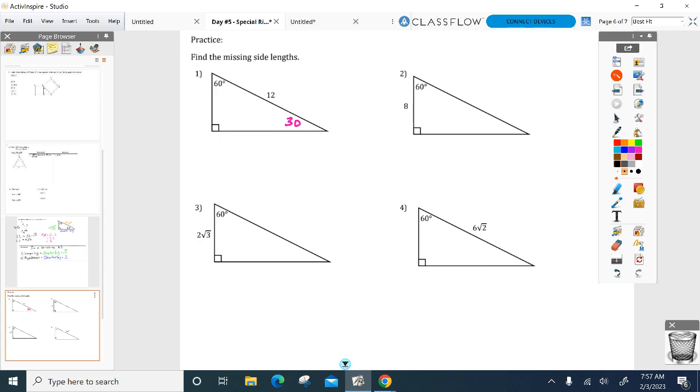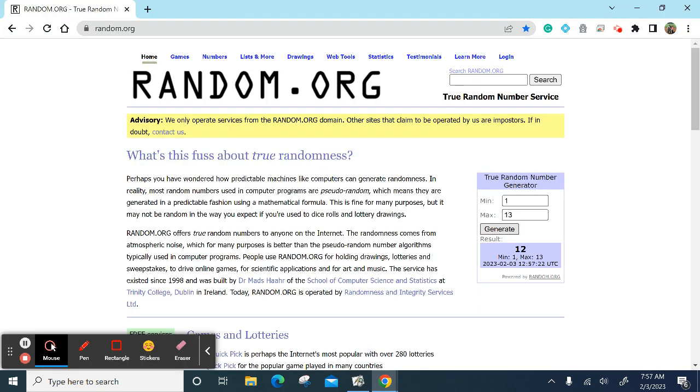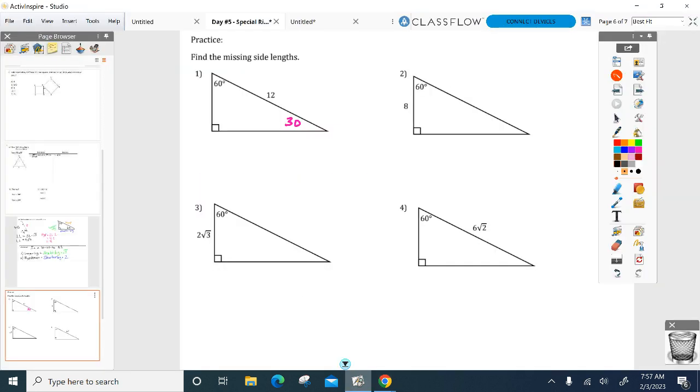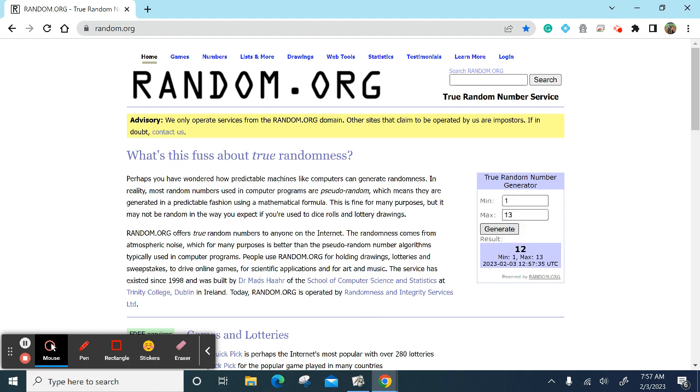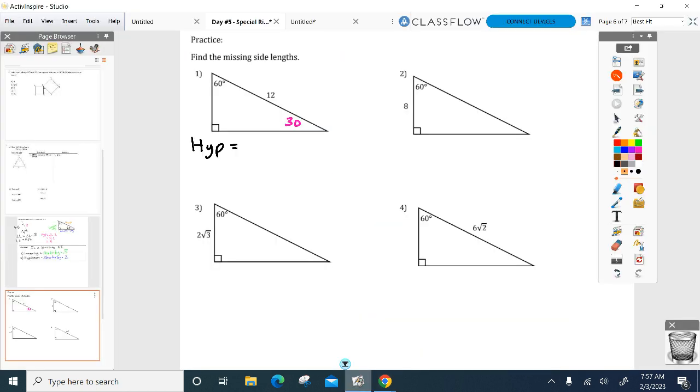That's the rule I'm going to start with. I'm going to have you guys write out the hypotenuse rule for me. In a 30, 60, 90, hypotenuse equals the shorter leg times 2.